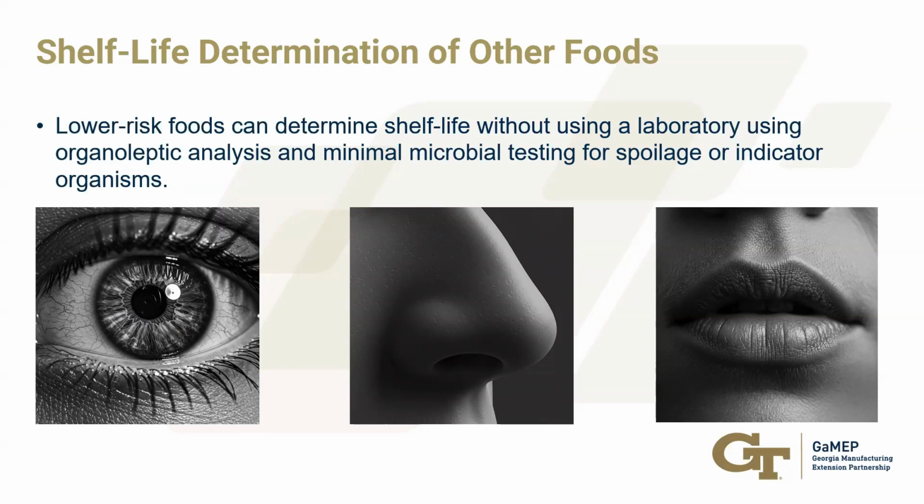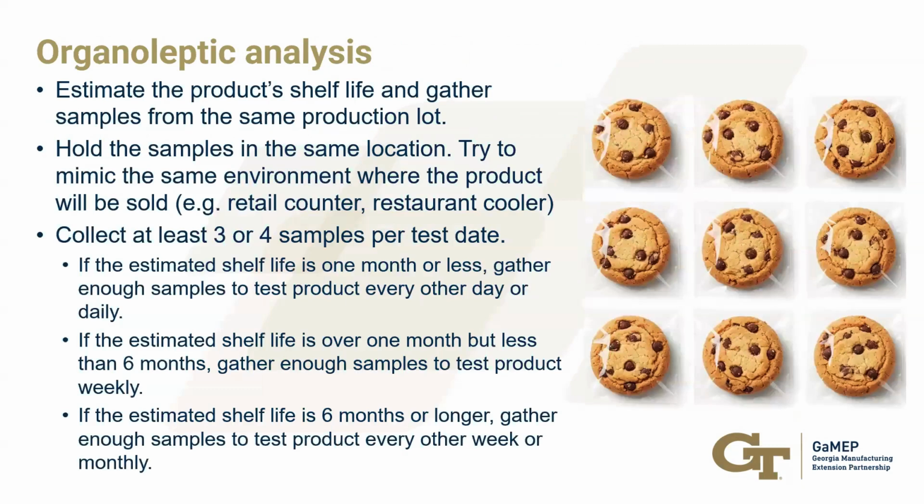And if you're the brand owner producing this product, you probably know better than anybody how you want this product to look, smell, and taste. The technical term for evaluating look, smell, and taste is organoleptic analysis. If I'm producing a product and I believe the shelf life on it is 1 month, I might produce 15 to 30 of that product from a single lot.